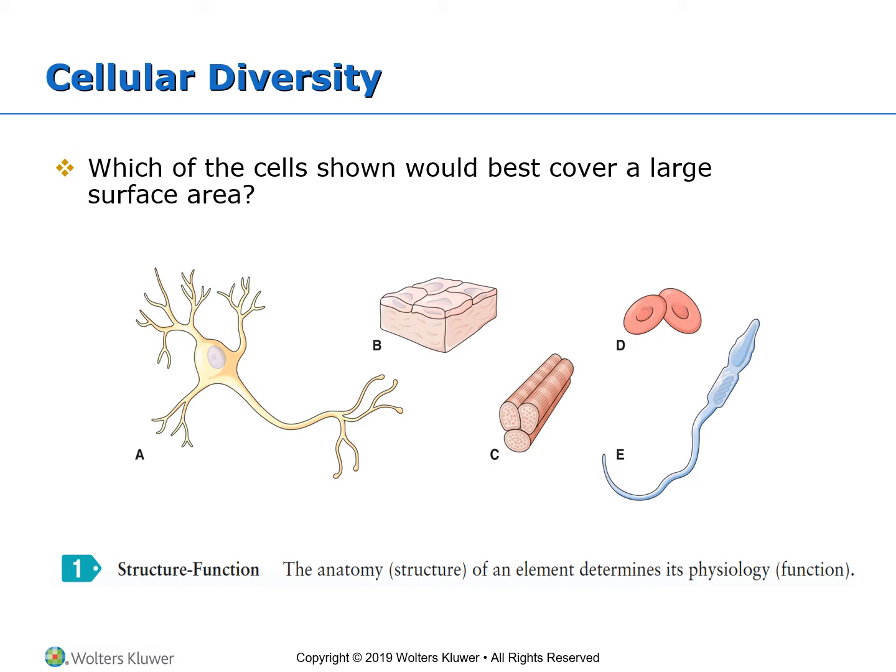We have muscle cells at C that have fibers that are long and strong, and they are able to provide contractions. D are the red blood cells, while E is a sperm cell that is very small, light, and able to swim, to move on its own because it has a flagellum.